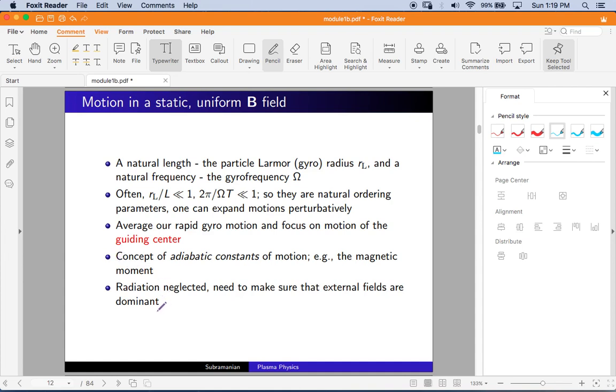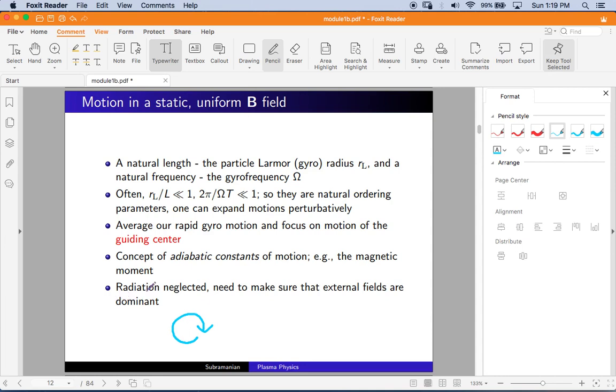So what are we neglecting? We are neglecting any kind of radiation. A charged particle orbiting in a magnetic field is accelerated. It's another matter that its energy doesn't change, but it's accelerated. So you expect from classical electrodynamics that an accelerated particle emits radiation, right?